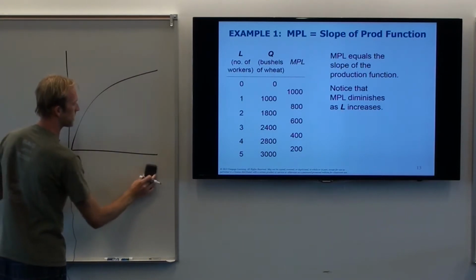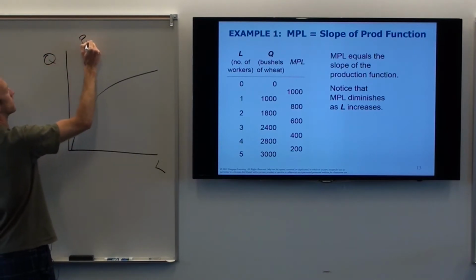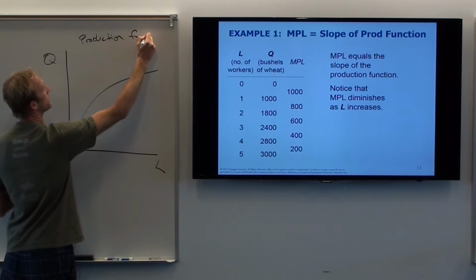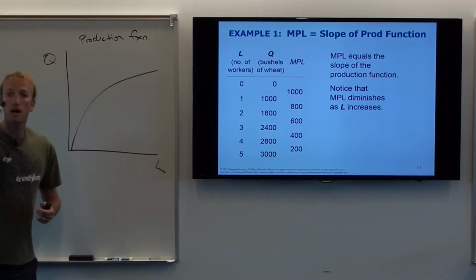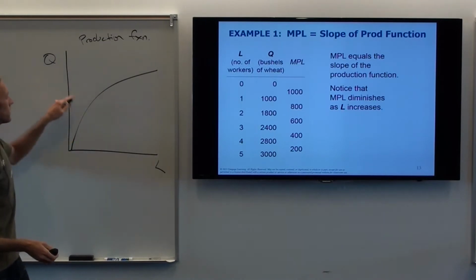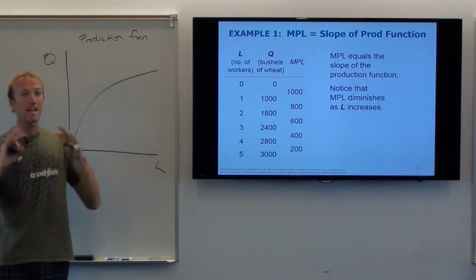This was labor, and this was quantity. An important thing to know before I do this: look at the axes of the production function. That's not in P and Q, okay?